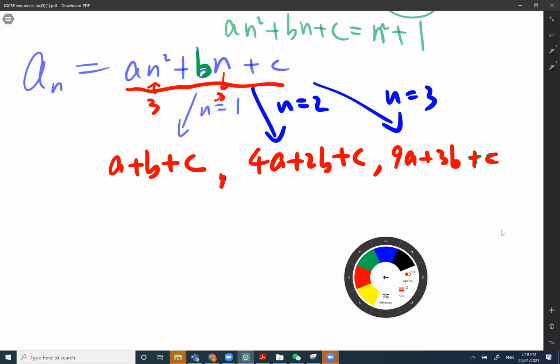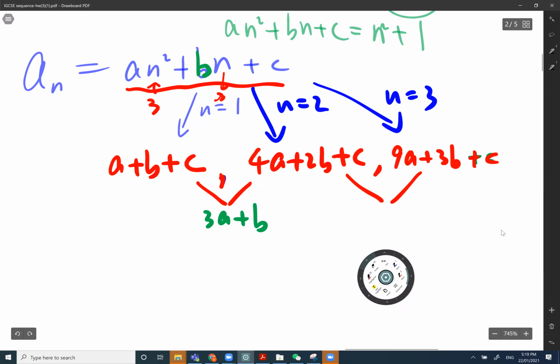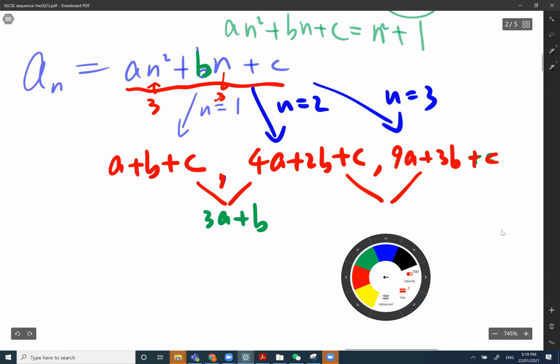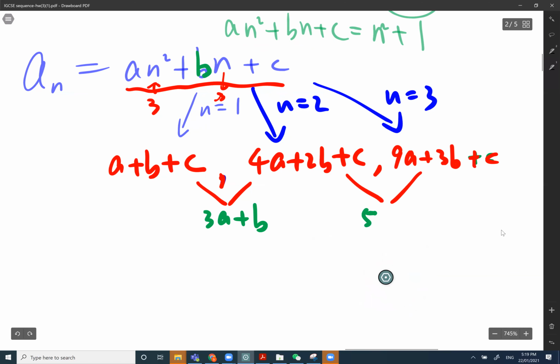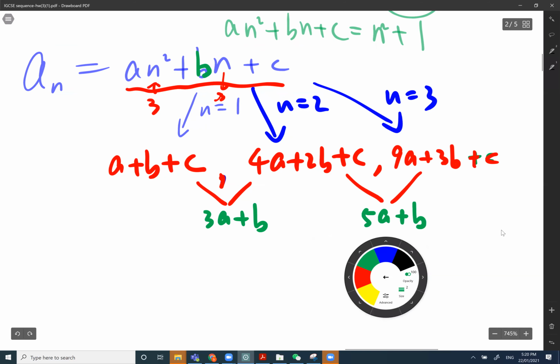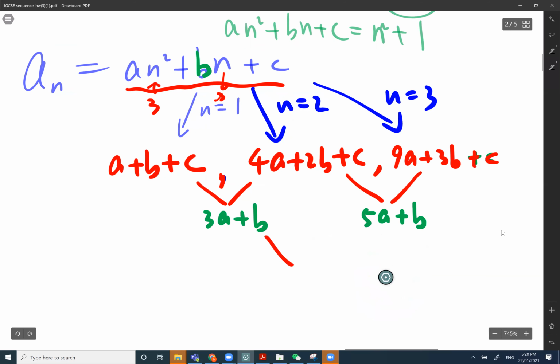Alina, difference. Difference is 3a plus b. Heidi, difference. 5a plus b. Very good. Ethan, difference. 2a. That's why we have 2a.